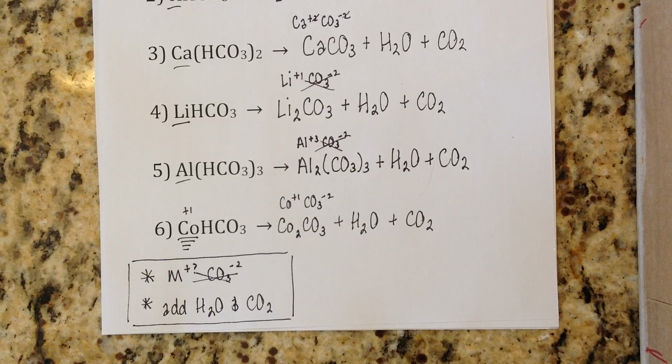All right, so we have covered decomposition of binary ionic compounds. That's just metal, nonmetal. We have covered the decomposition of metallic carbonates, a metal that is bonded to the polyatomic ion carbonate, and the decomposition of metallic hydrogen carbonates, which is a metal bonded to hydrogen carbonate.